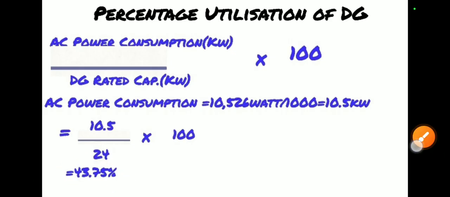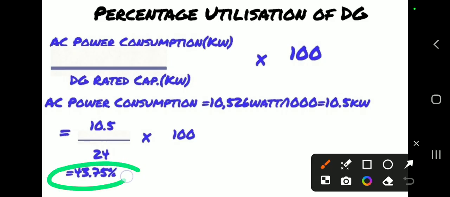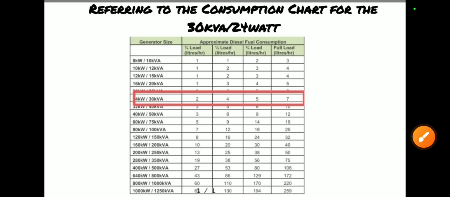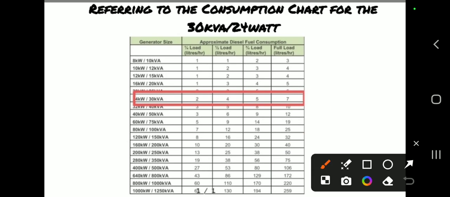So with this value, we can move on to see from our consumption chart. Right here from our consumption chart, we'll go straight to the 30 kVA generator and check out the standards.